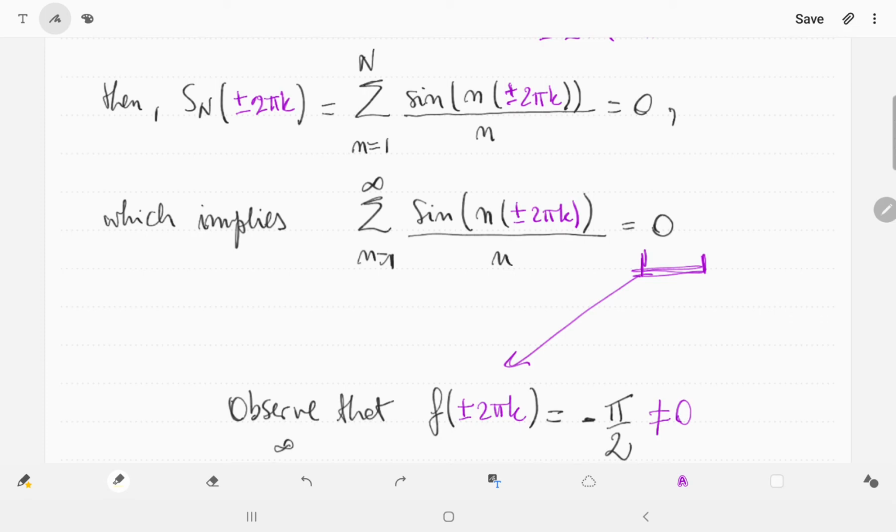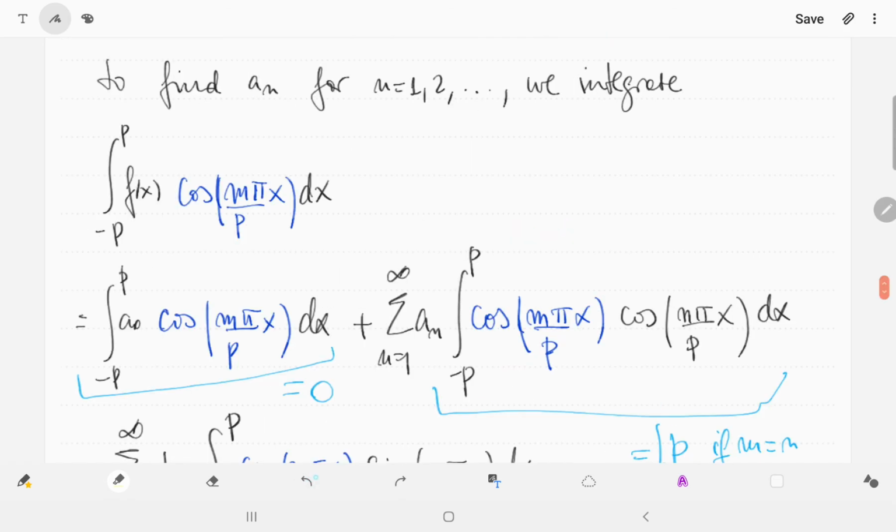Whatever the value of n and whatever the value of k, this is always 0.